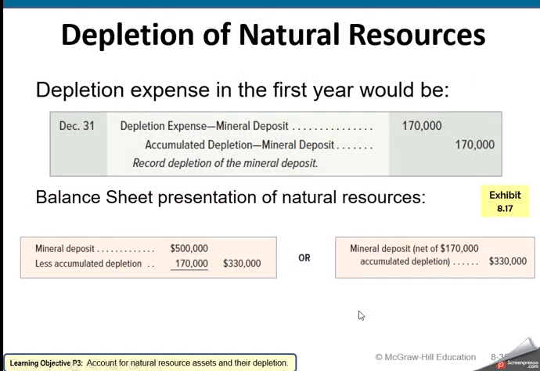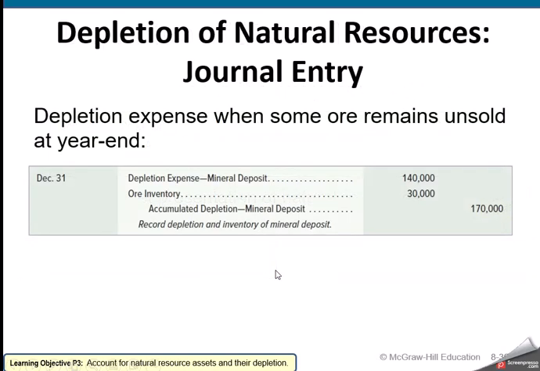So we're going to charge $170,000 in depletion expense. So we say depletion expense, mineral deposit, and then it goes to accumulated depletion, mineral deposit, for the 170,000. So if we were to look on our balance sheet, we'd have a mineral deposit of 500,000 less accumulated depreciation of 170,000. So then our net book value would be 330.